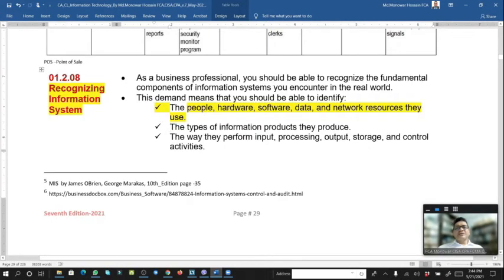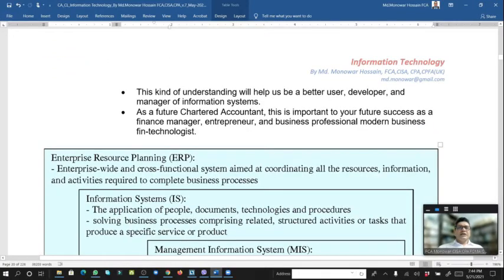And the types of information product they produce, and the way they perform input, processing, output, store and control activity. This kind of understanding will help us to better use, develop, and manage the information system.